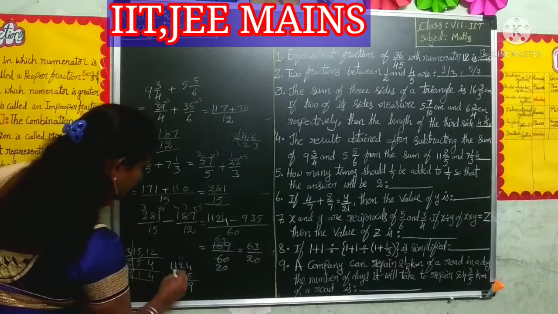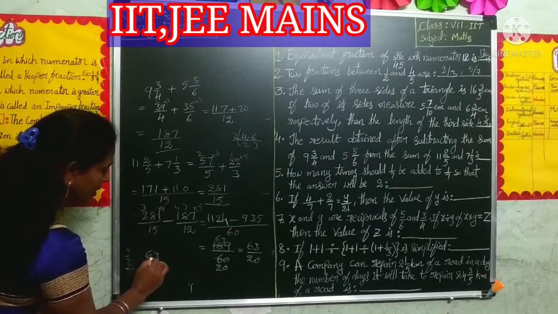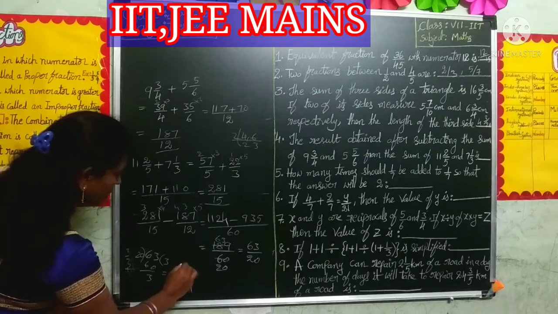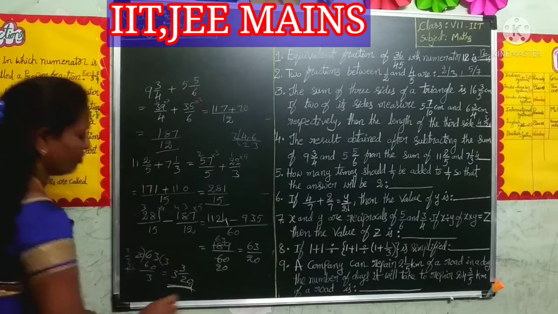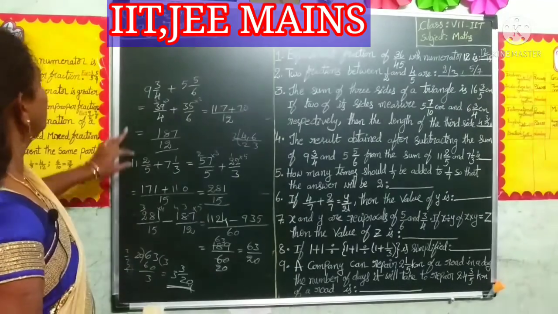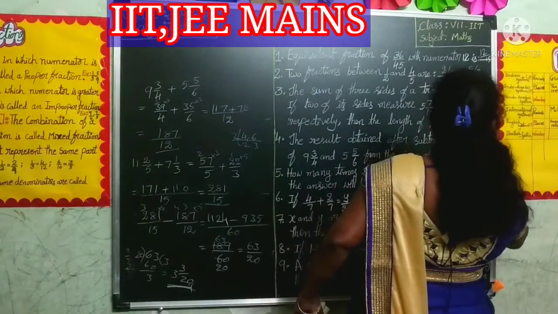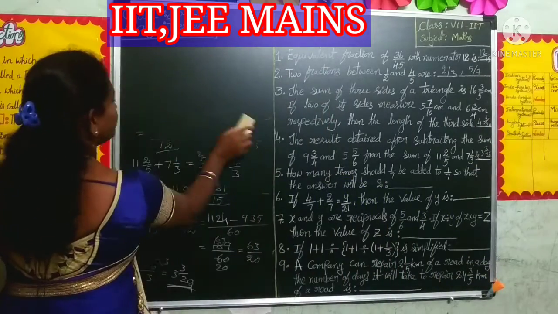So convert into a mixed fraction. 63 divided by 20 is 3 times, 60, so 3 by 20. What is the answer? 3 by 20 is the answer. Okay, 3 by 20. And coming to the next one.